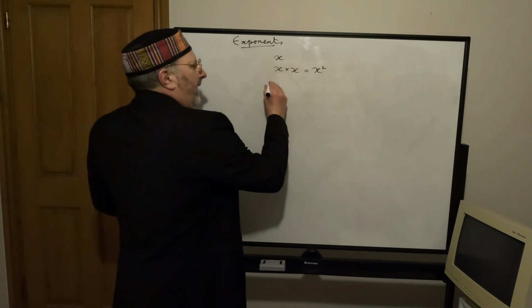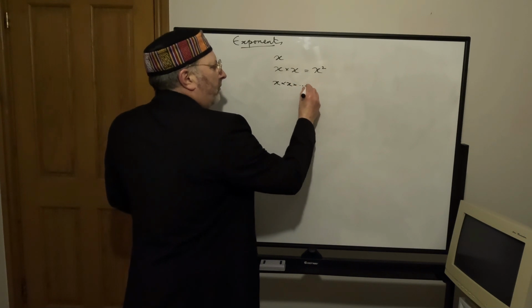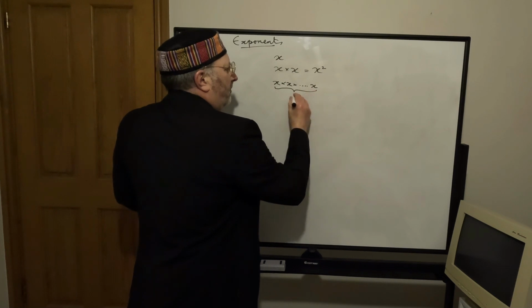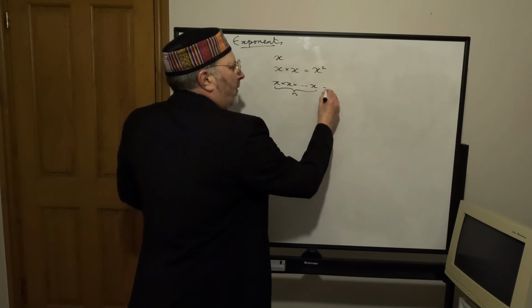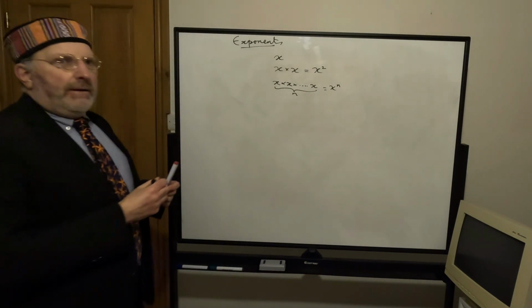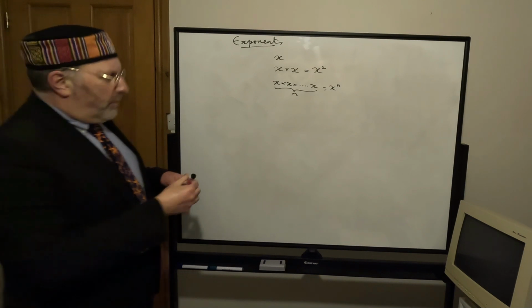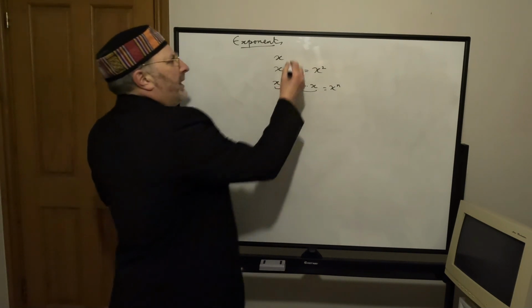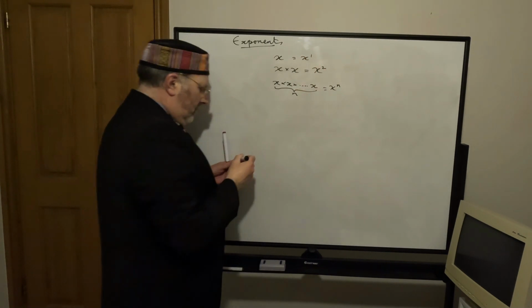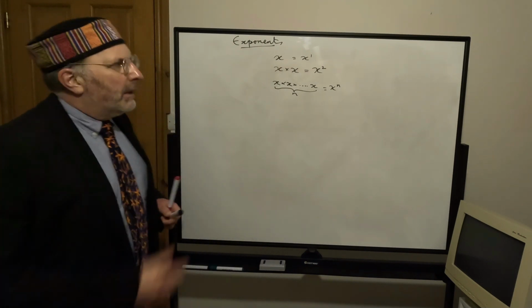And then we might have x times x many times, and let's say there are n x's multiplied together. Then we write that as x to the power of n. The exponent is n. And so with this x on its own, we could write that as x to the power of 1, because there's just one x.